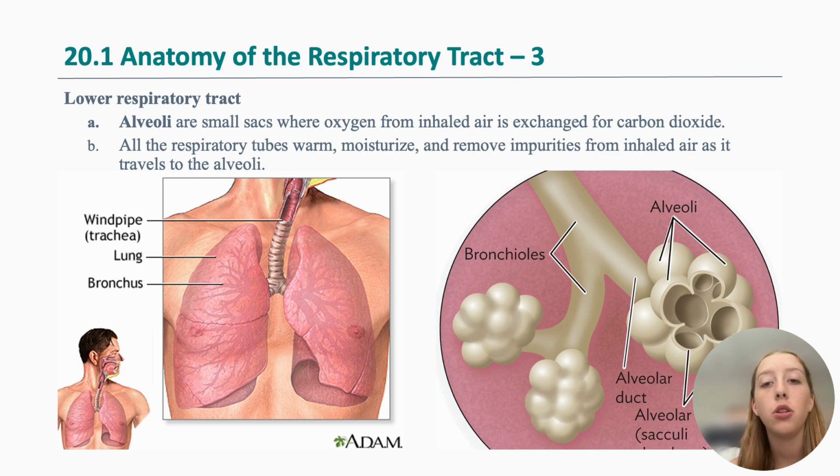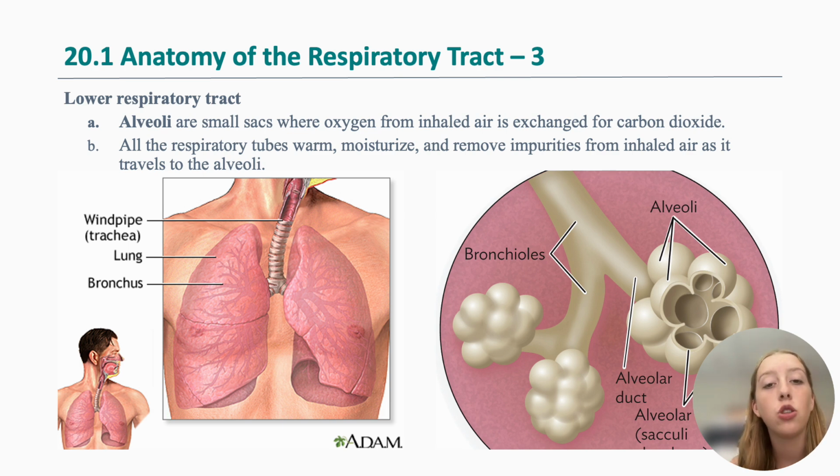All the respiratory tubes are warm and moist and remove impurities from inhaled air as it travels to the alveoli. The lungs and tubes that conduct the air into the lungs, trachea, left and right bronchi, constitute the lower respiratory tract. Human lungs are divided into separate segments called lobes.